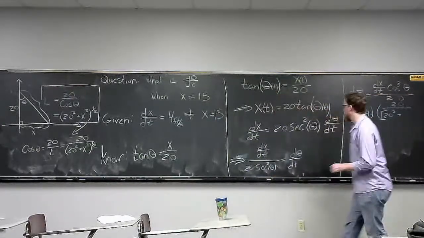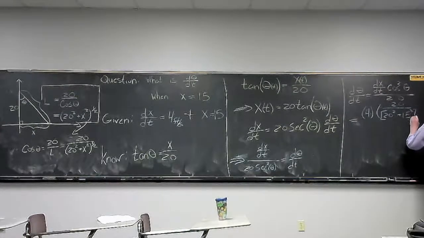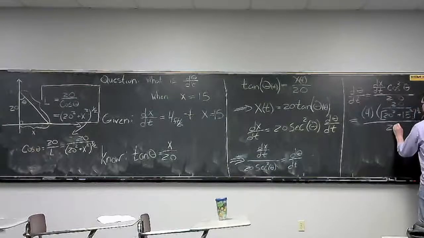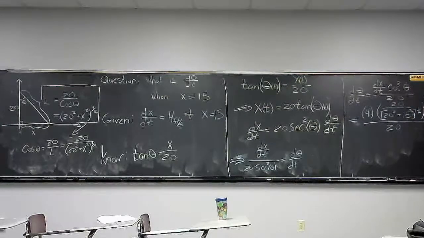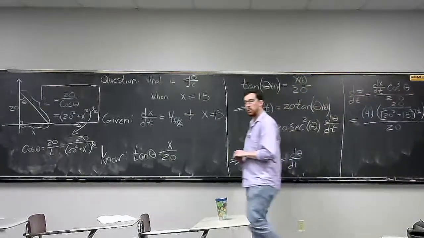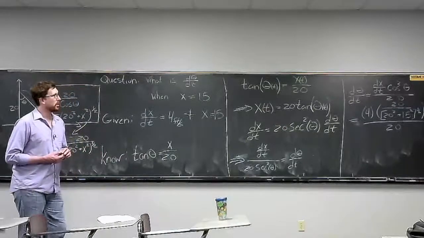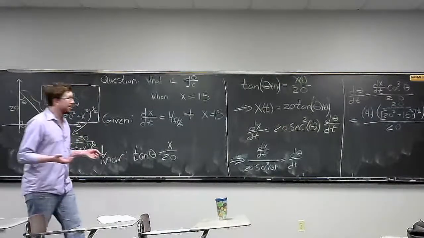So 15 squared, all of that to the 1/2 power, and all of that squared divided by 20. And after some reductions, we can solve the rest of this. The rest of this is just algebra. And that's all there is to it.